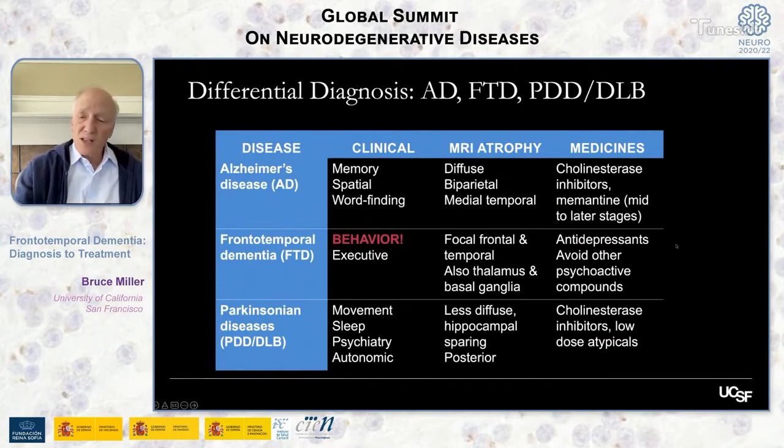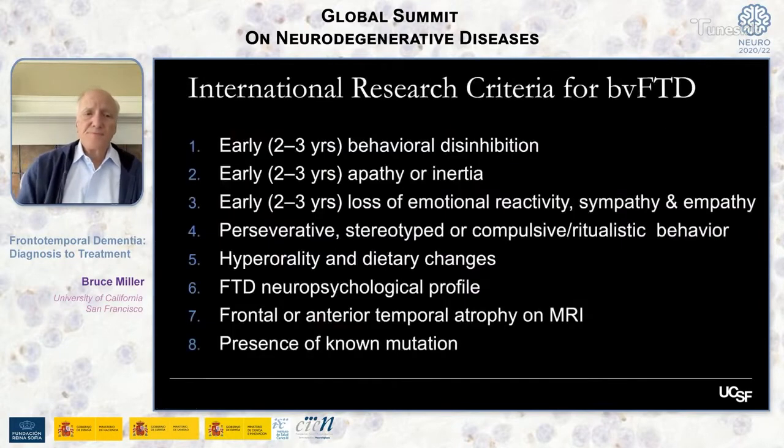This determines a lot clinically what you do. If you make a diagnosis of FTD, which I think you can do without many biomarkers except for MRI at the bedside, antidepressants are useful, but avoid other psychoactive compounds like the atypicals, and more important, avoid the cholinesterase inhibitors, which help people with Alzheimer's and the Parkinson disorders.